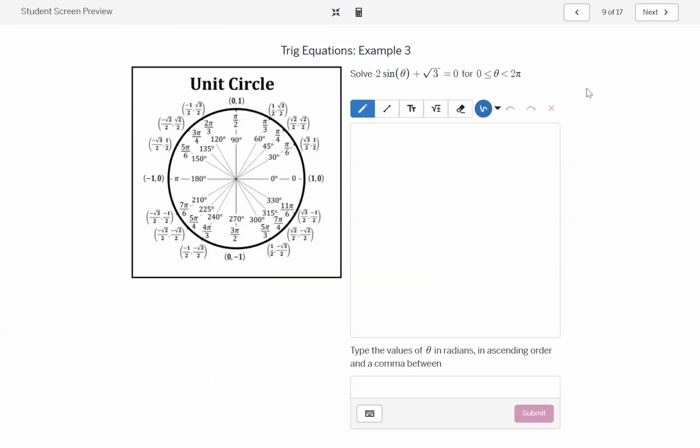All right, let's see what the next one brings us. So now we've got to do a little algebra manipulation. 2 sine theta plus the square root of 3 equals 0.